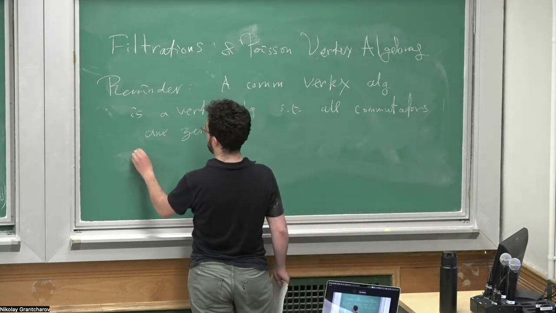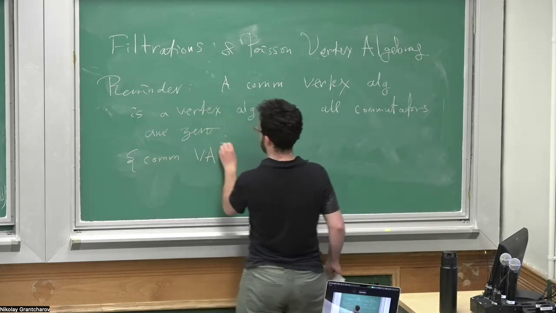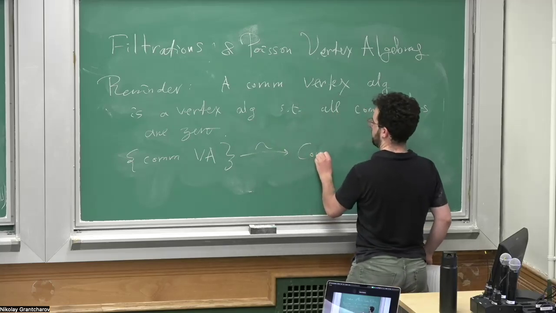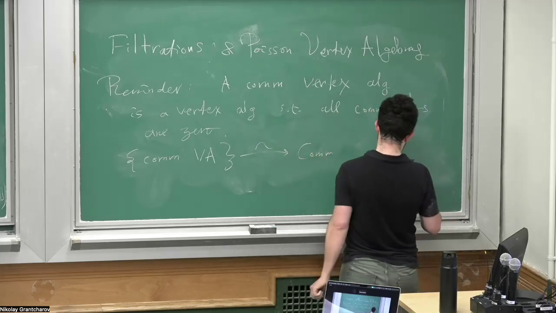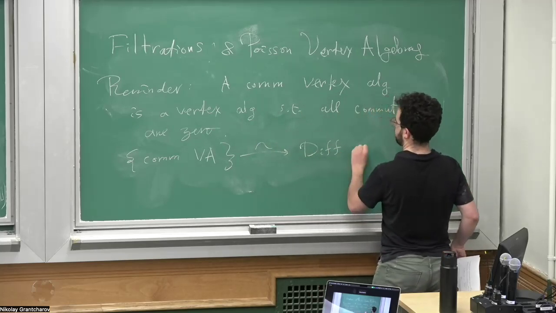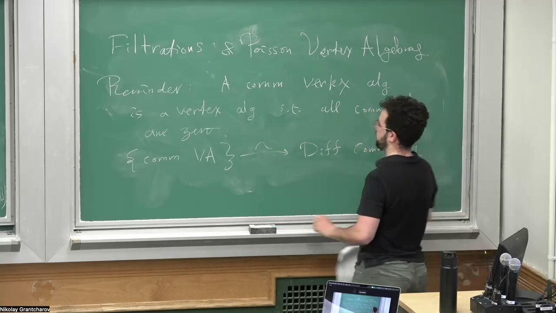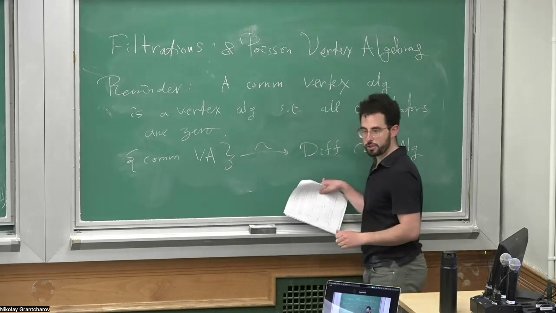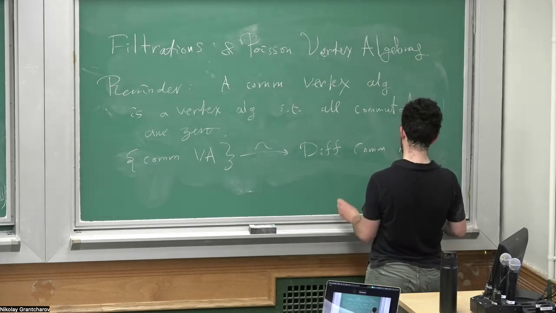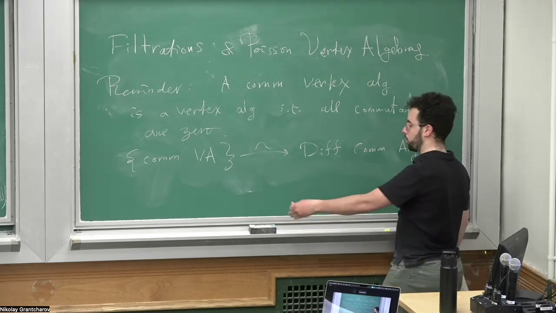And there is an equivalence of categories between commutative vertex algebras and differential commutative algebras. The functor in this direction is to take the minus 1 product, the negative 1 component endomorphism, and acting with this element.